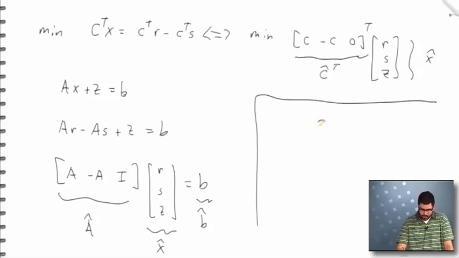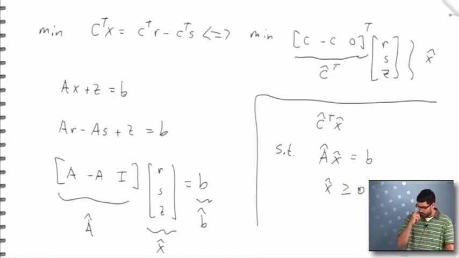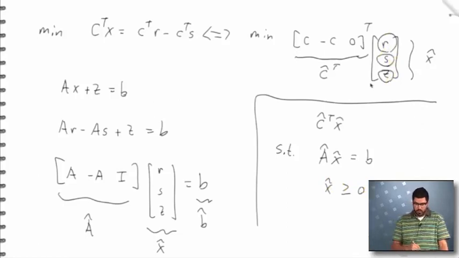We're back to C hat transpose X hat subject to A hat X hat is equal to B hat. In this case, B and B hat are the same. And then, of course, the non-negativity constraint, X hat is greater than or equal to 0. So by definition, we've defined R, S, and Z to all be non-negative.